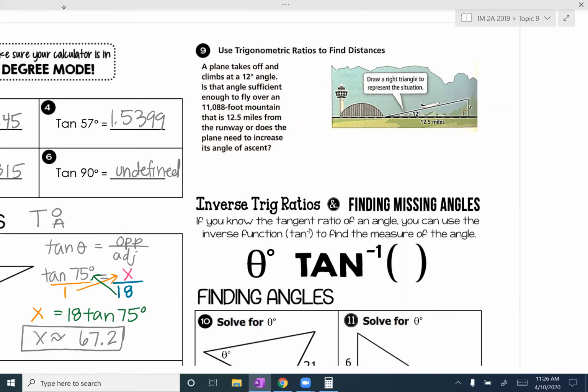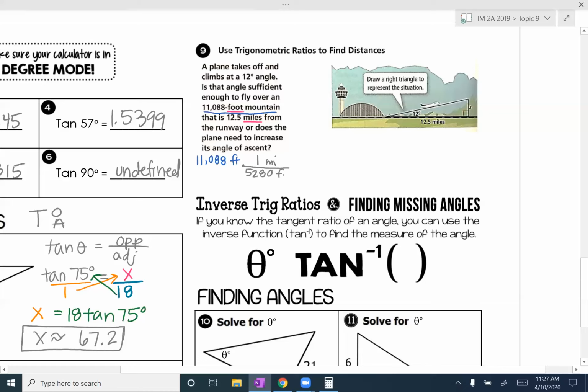One thing that you should notice is that this piece is in miles and this piece is in feet. And so what we want to do is to take the mountain and convert it to miles, because the miles are what's in the picture. So if I have 11,088 feet, what I need to do is use a unit conversion to determine how many miles this is equivalent to. I'm thinking about how many feet are in a mile, and that's 5,280.